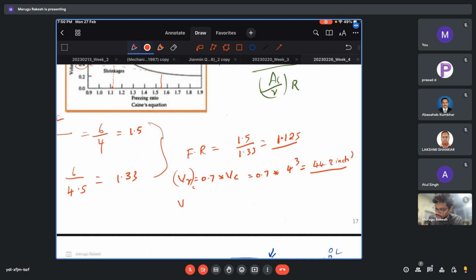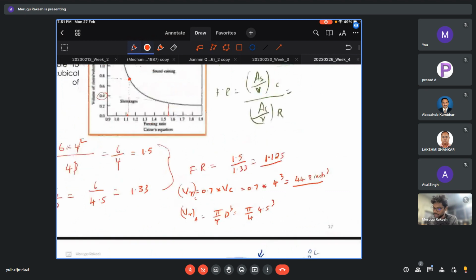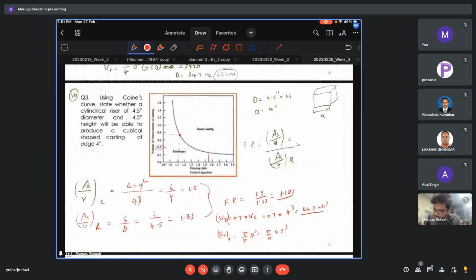But what is the actual volume of the riser? Pi by 4 D cube, that is pi by 4 into 4.5 cube, since the diameter of the riser is given as 4.5.